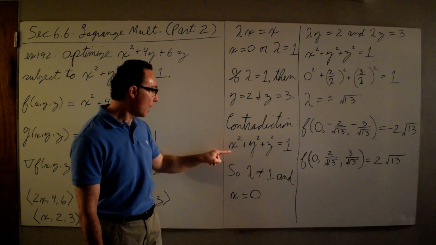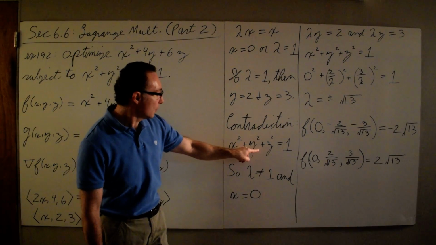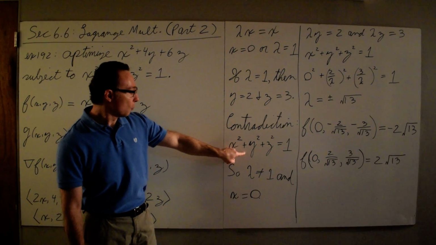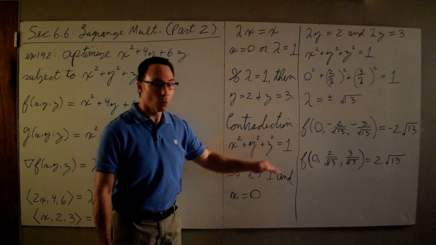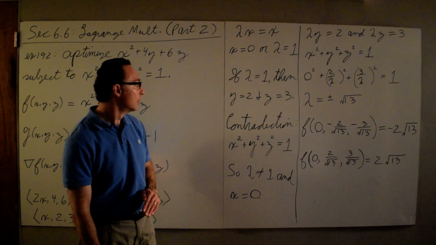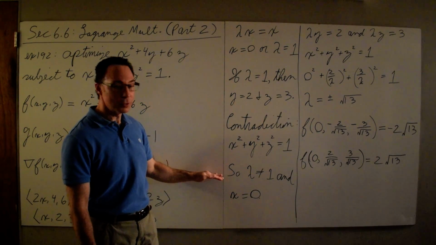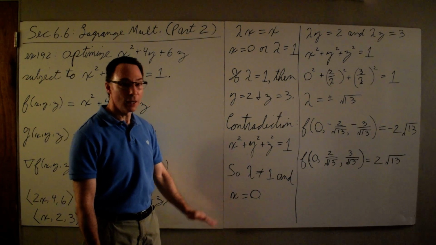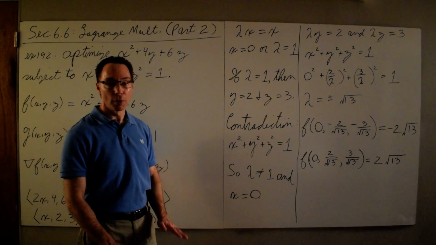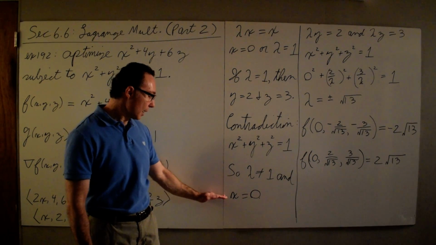It doesn't matter what x is. If y is 2 and z is 3, then we have 4 plus 9, plus some non-negative number, equal to 1. So that can't happen. So lambda is not equal to 1. Now we know that x is equal to 0.